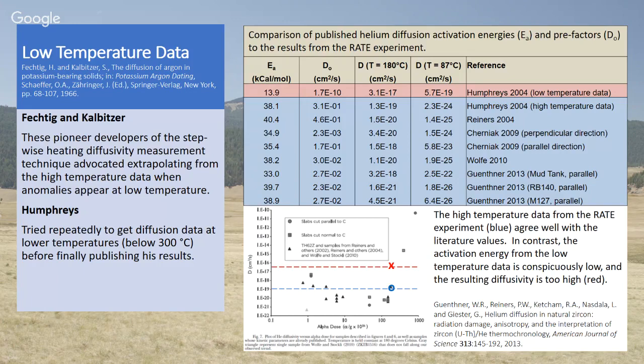Nothing more. So then the question is, how do you infer diffusivity from data where you just have temperature, time, and gas release? What Fechtig and Kalbitzer did is they assumed a model. This is important. They assume a certain model for the system.